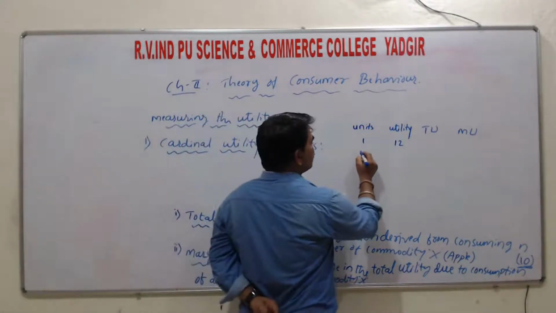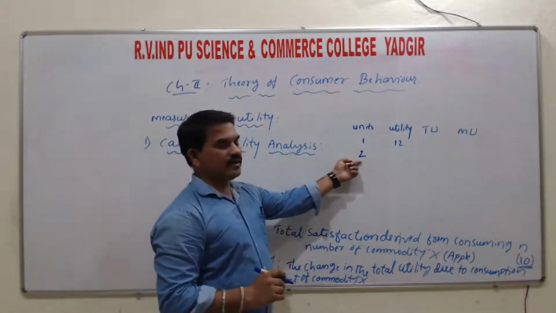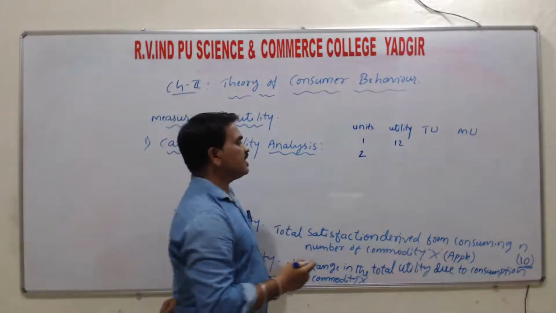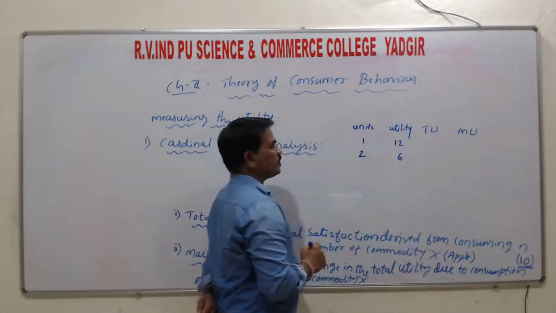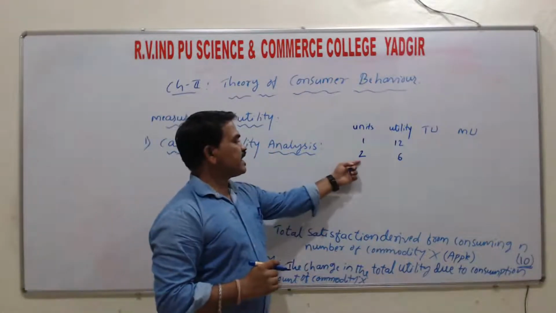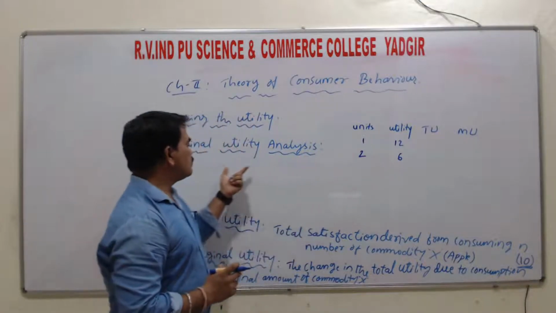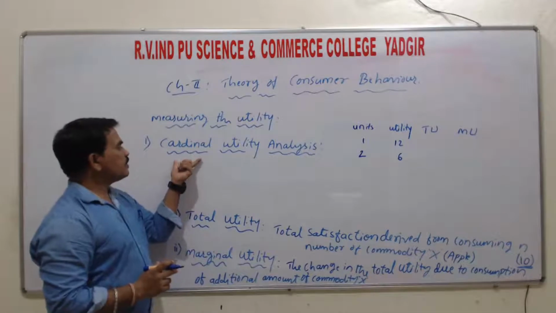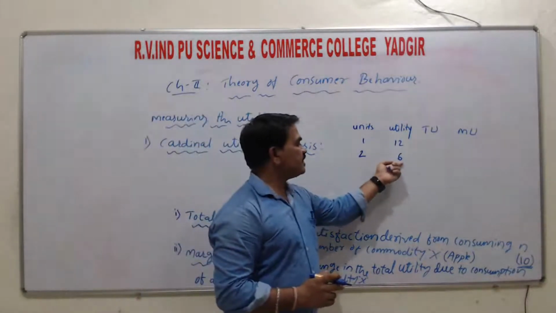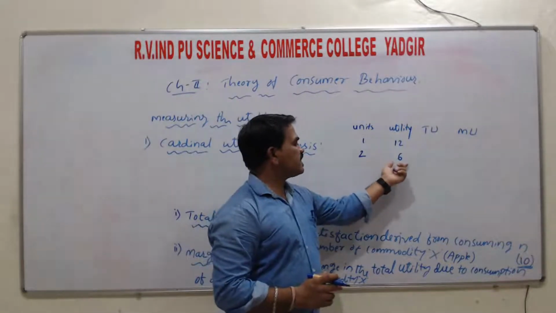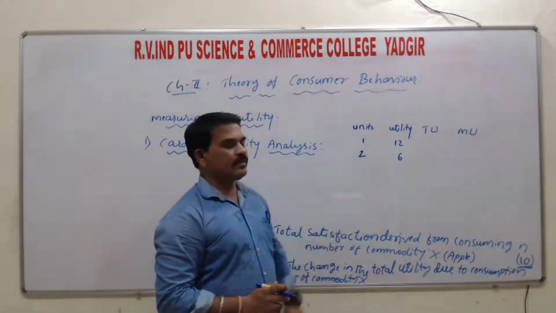So when I ate second apple, my satisfaction level is 6 units. Okay, so if I want to measure that in numbers using the cardinal approach, I will specify the number here. I'm satisfied with 6 units when I ate second apple.